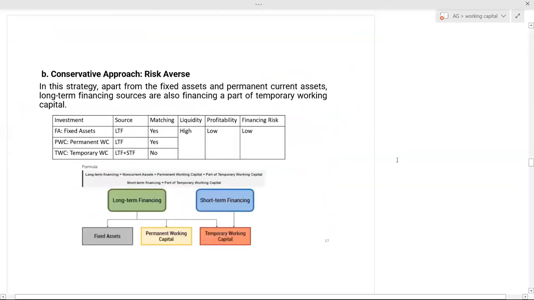Next, in the conservative or risk-averse approach, the manager does not want to take short-term financing every year. He in fact takes the long-term loan to buy the permanent working capital. Now, if you first look at this diagram, long-term funds are being used to buy the fixed assets. Matching is followed. Long-term funds are used to buy permanent working capital, matching.